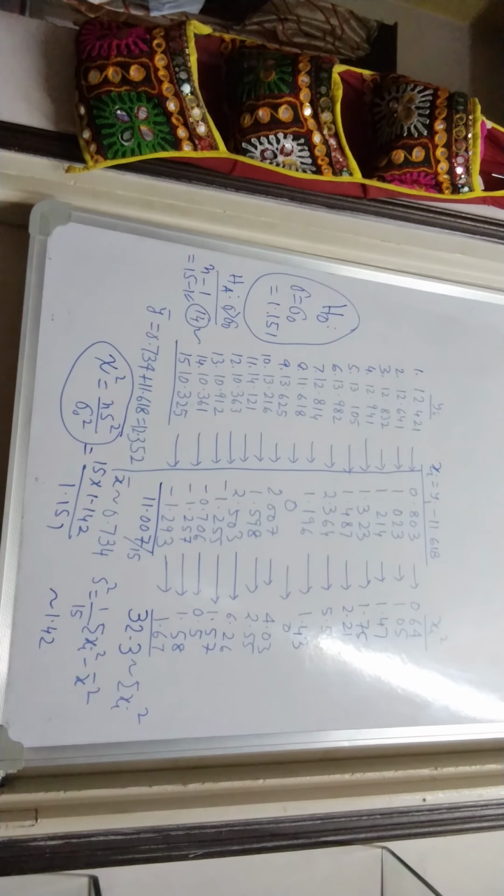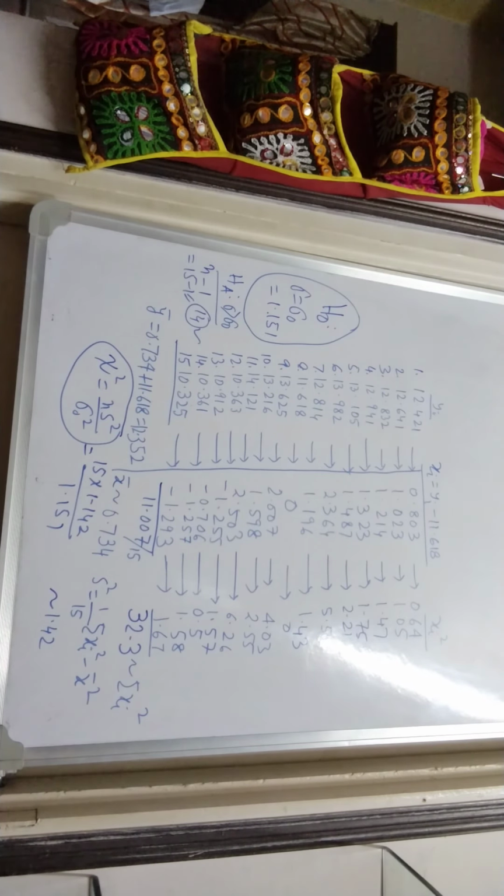Say we want to find it at 5% level of significance. Okay, fairly simple. It is stated that we are to test the hypothesis, assuming this data to be normally distributed. We want to test the null hypothesis that sigma is equal to sigma naught, which is 1.151.